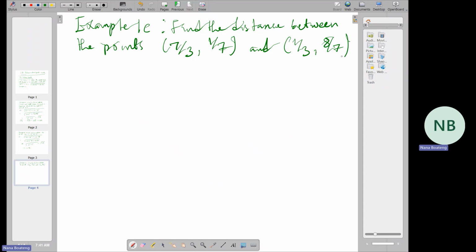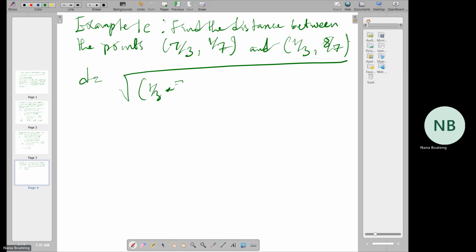So d is equal to the square root of (x2, which is 1/3, minus x1, which is 7/3) squared plus (y2, which is 8/7, minus y1, which is 1/7) squared.